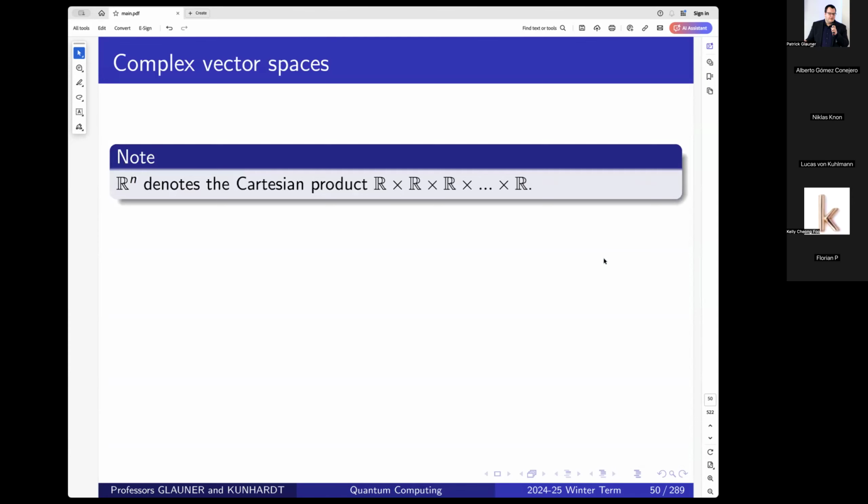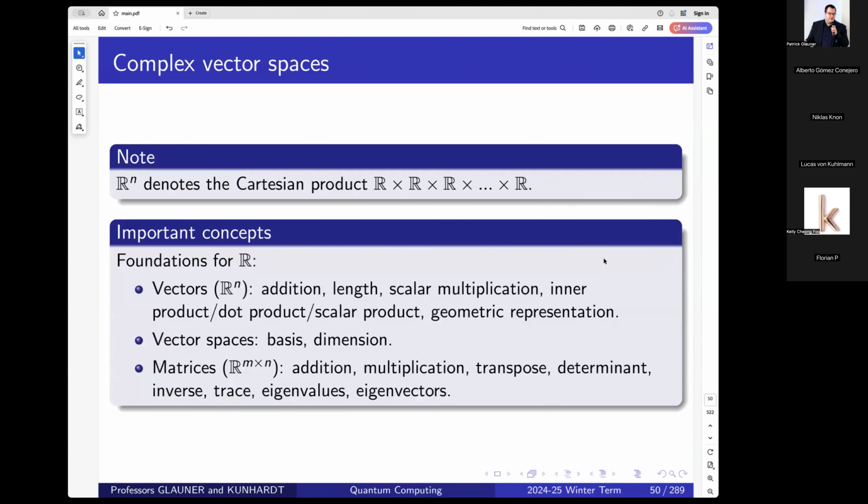Next week, we will look at vector spaces. So you remember vectors and matrices, how to add them and all of this. We will briefly revise this next week. Look at briefly again what vectors and matrices are and what their fundamental operations are. And once we have done this, we will plug complex numbers into our vector spaces.